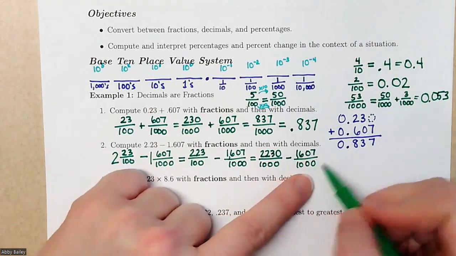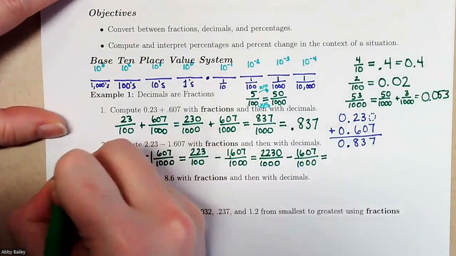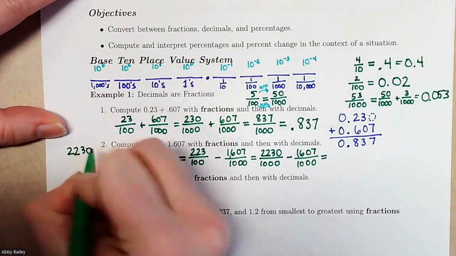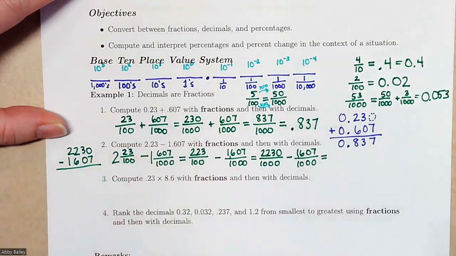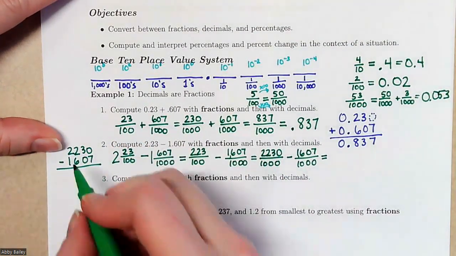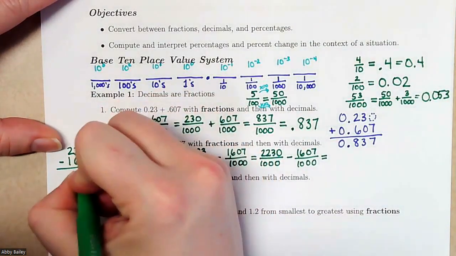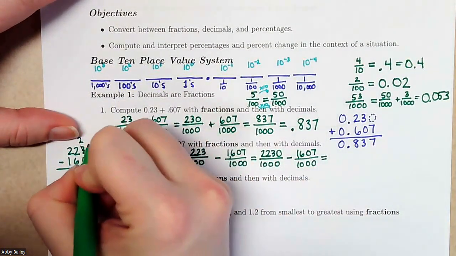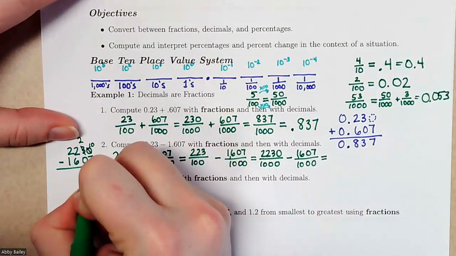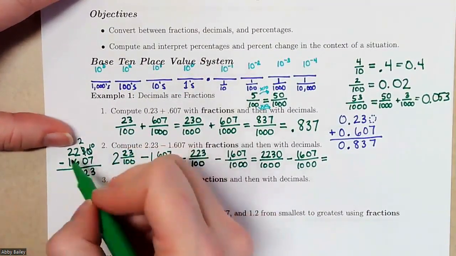subtract. This is when you would, here. 1,607. Right on, it's borrow time. I do not have any here, so I'm gonna go ahead and knock this down to 2, creating 10 of these. 10 take away 7 makes 3, 2 take away none makes 2.